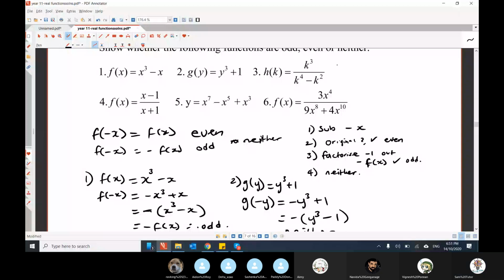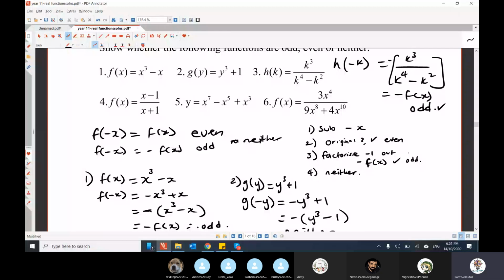Negative to the power of 4 is still positive. Negative to the power of 2 is still positive. That's not the original, but by the time you take out a negative from the top, that is negative of the original, which actually is odd. Excellent. Wow, you guys are killing it. Well done.